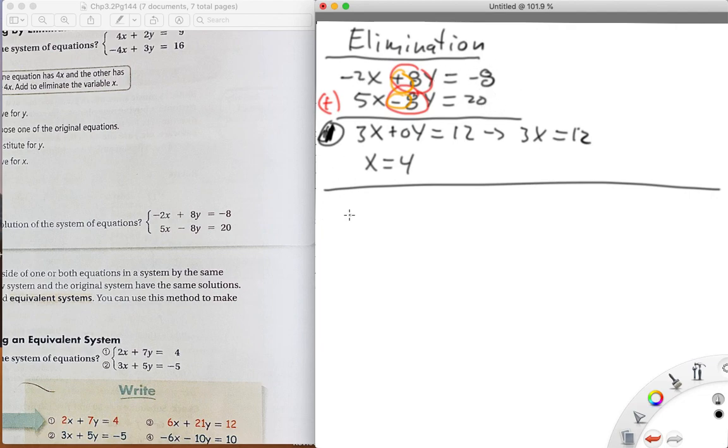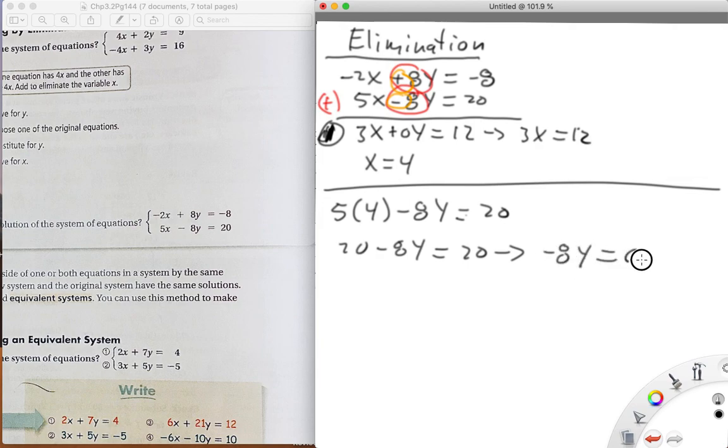I'll choose, just to be different, the second one. 5 times 4 minus 8y equals 20. So this is 20 minus 8y equals 20. This turns into negative 8y equals 0, and I have y equals 0.